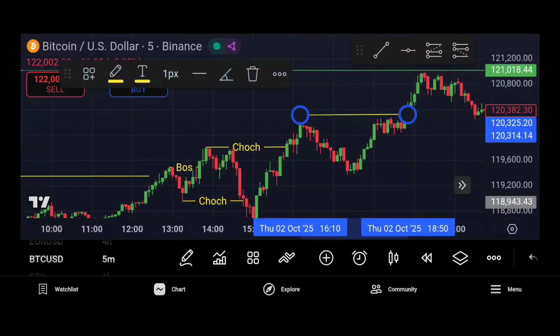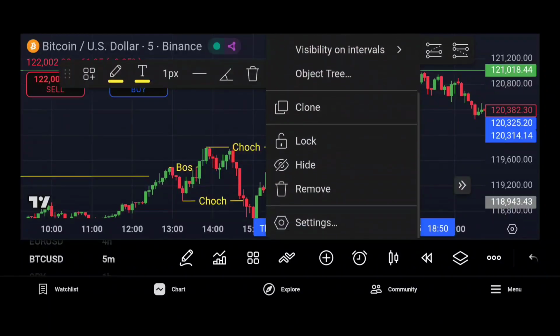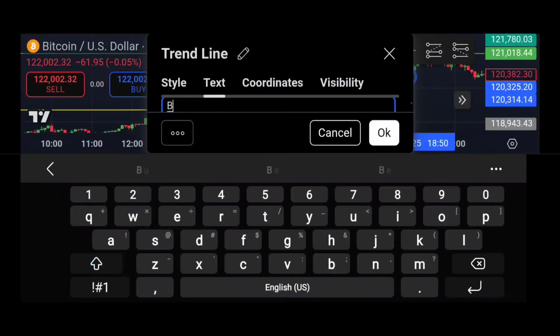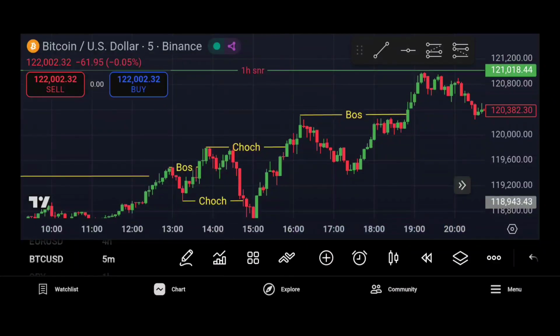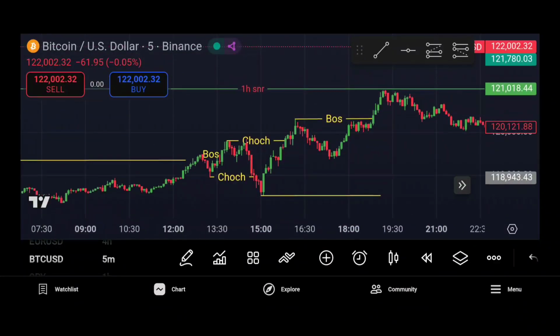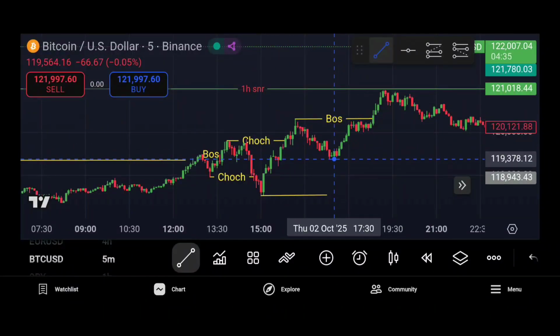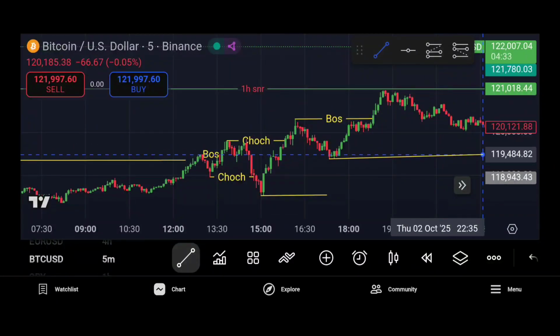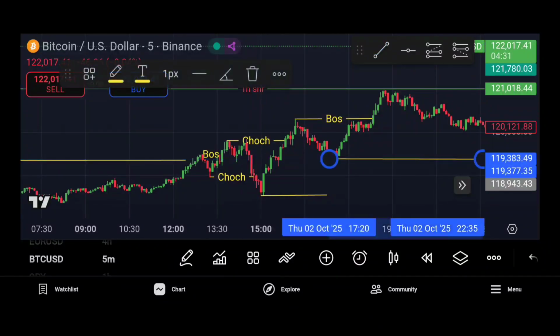Then we had another change of character after the first change of character, which had represented the need for change in the direction of the market, but that doesn't confirm the change in the direction.